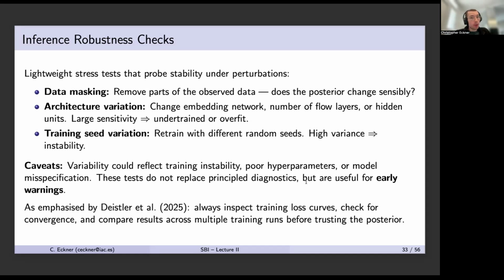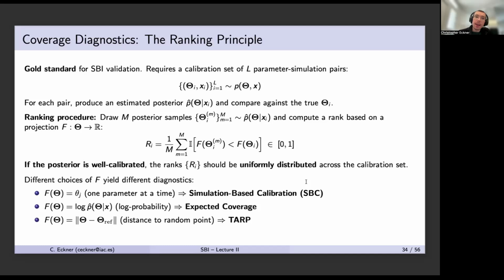What could these diagnostic checks be? Well, they are typically called coverage diagnostics, and they are a kind of ranking principle telling you whether or not your posterior makes sense, which is the typical gold standard for simulation-based inference tasks. What you need to do this is a set of target observations. Here, this is not based on one single target observation, but L target observations of pairs of parameters and simulations.